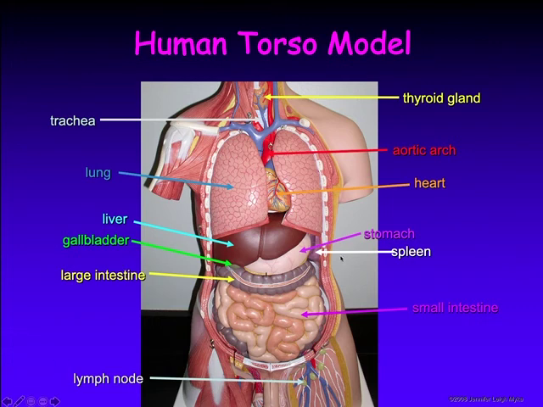I won't go through each one, but it's good practice to take the printout, which has a blank version of this, and see if you can fill it in so you know which organs are where. Okay. And there's also good Quizlet flashcards that help you with this as well as the model website. So make sure to check those out under useful web links.